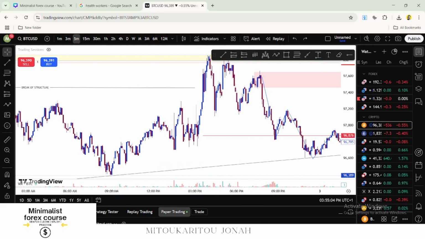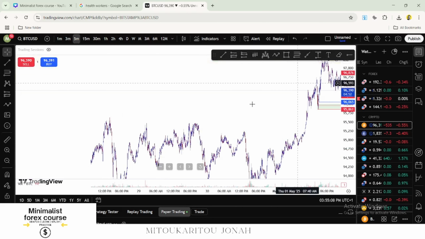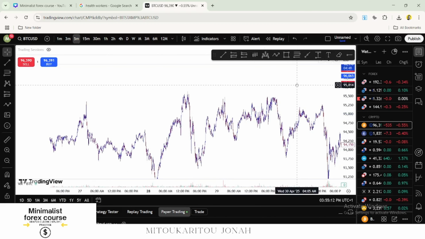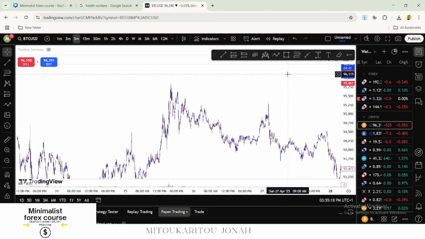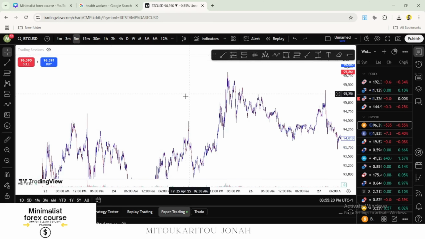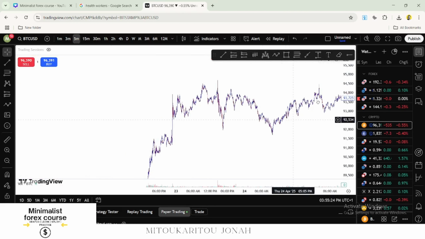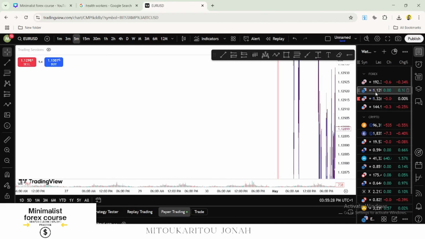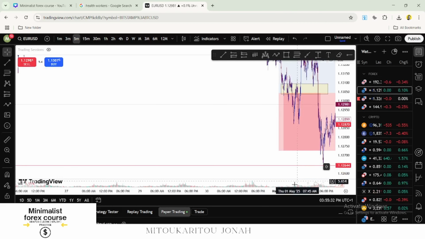a consolidating market, which is a market that is stuck in between a range, is going to look like this. This doesn't really do it for us, so let me look for something else. This is Bitcoin. Bitcoin is just really volatile. Let me see this pair.